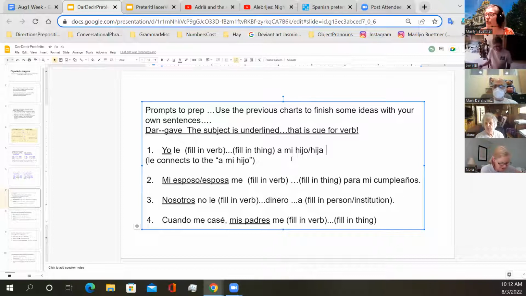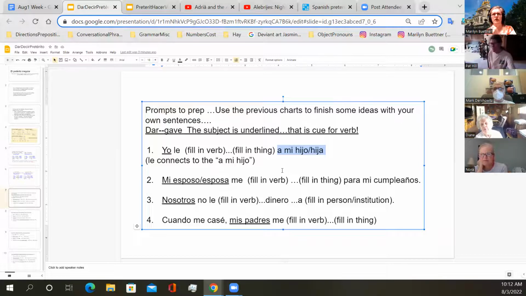Okay, so in other words, if I were to give you this sentence without the amigo, you would have no clue who I meant by le. Because le has no gender, you would be saying to yourself, with no context, I gave him or I gave her.